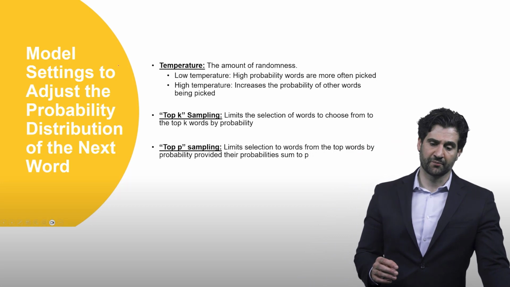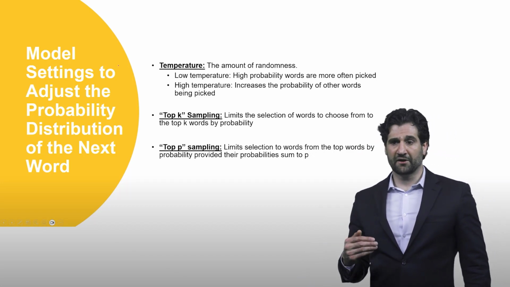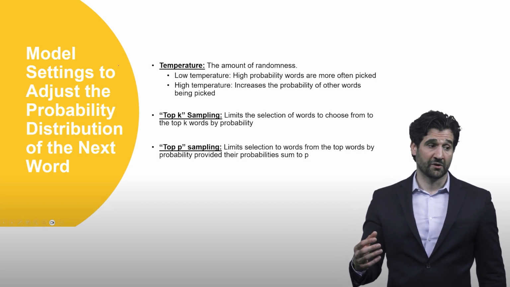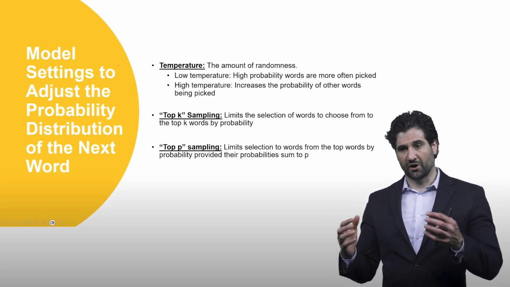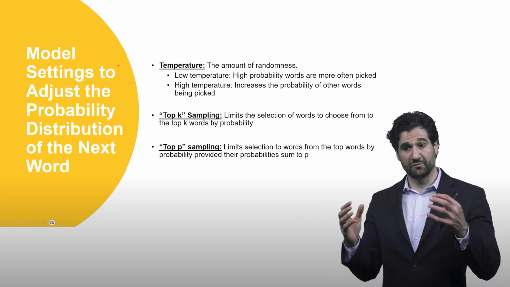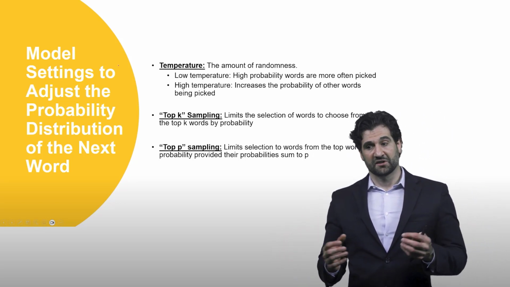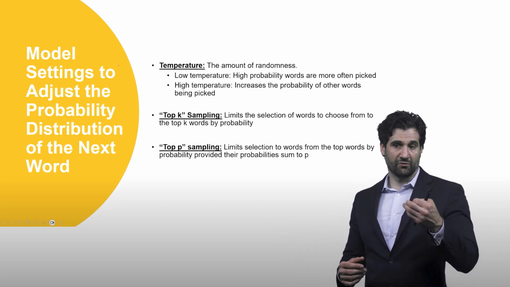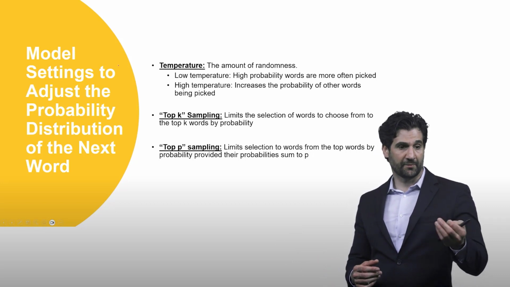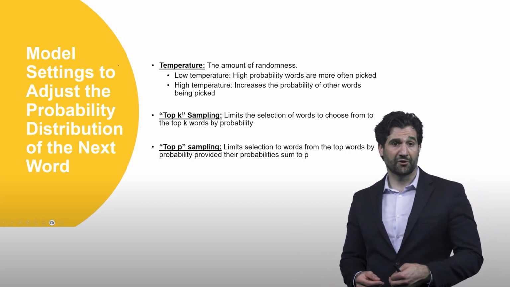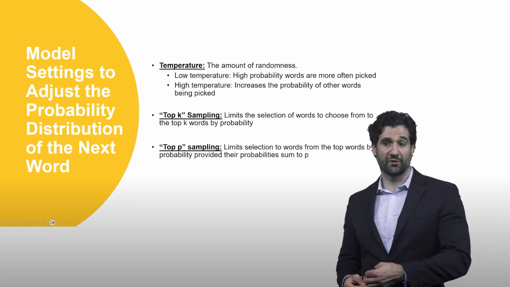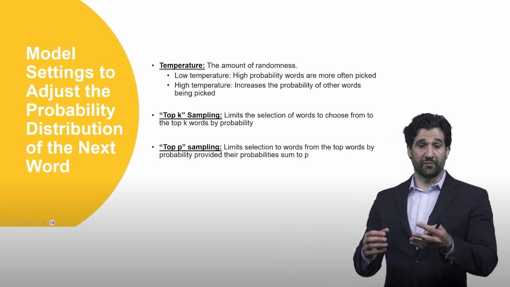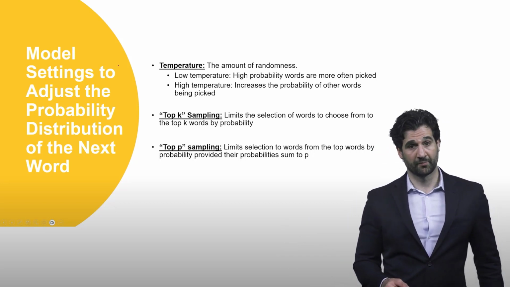And that's what we got here. So, temperature. When the model selects a word, it's selecting probabilistically. So whether that first word is going to be my or the, it's flipping a weighted coin to pick between them. So if it was the word A with a probability of 0.25, my with a probability of 0.25, and the with a probability of 0.5, it's going to pick one of those three based on those associated probabilities.